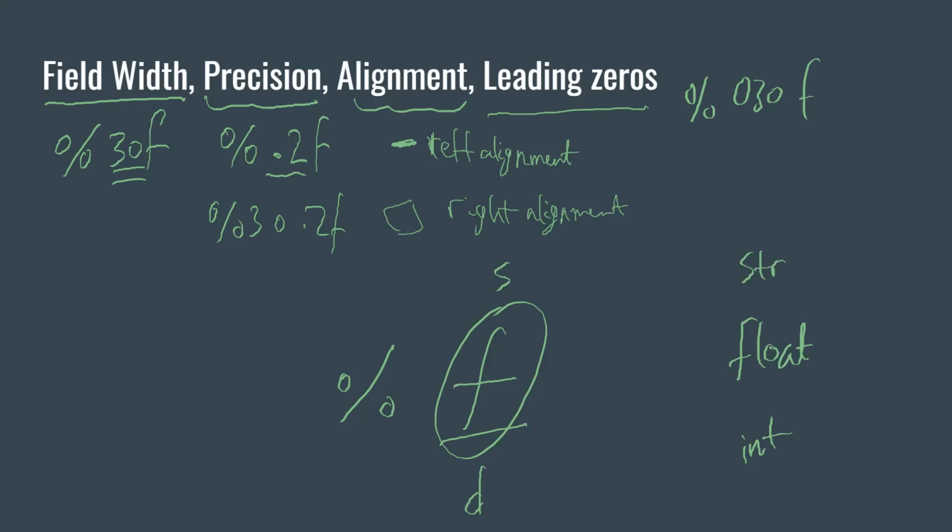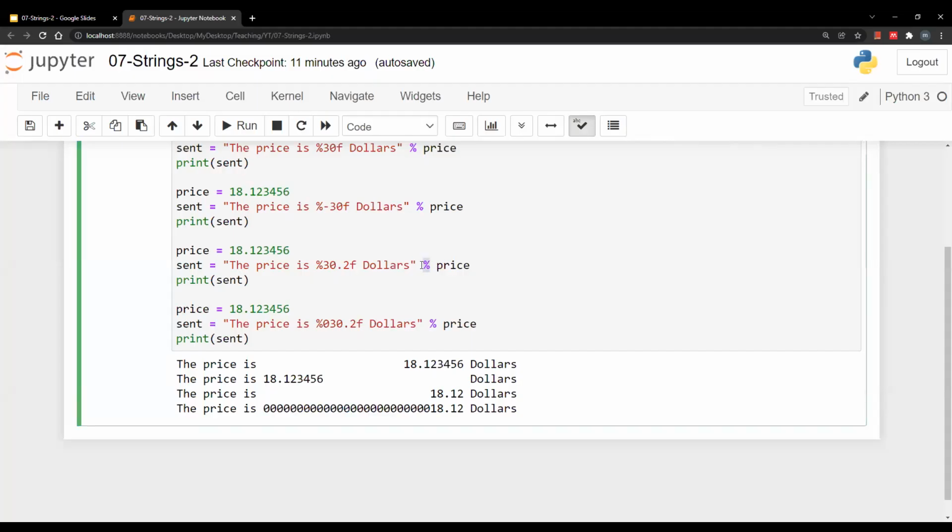So if the variable you want to place inside the string is of type integer, you put d in the placeholder. If it's of type string, you put s in the placeholder. All right. Also, one very important detail to notice is this operation here is called the formatting operator.